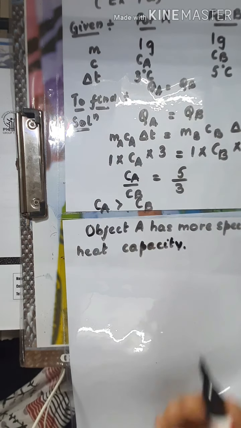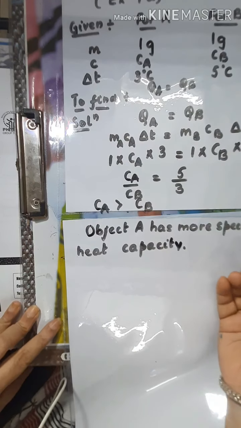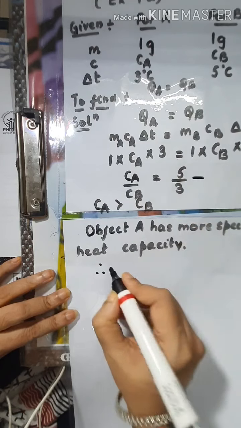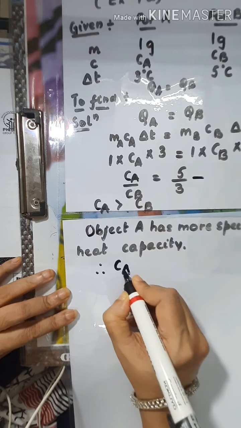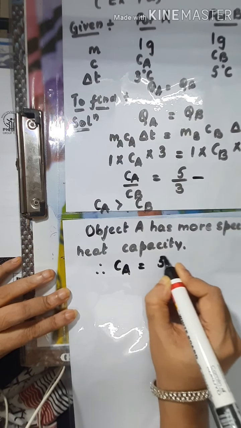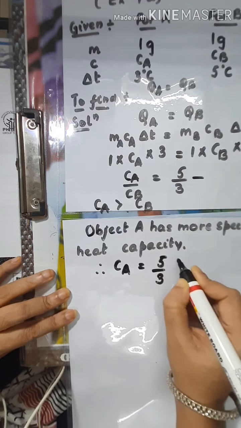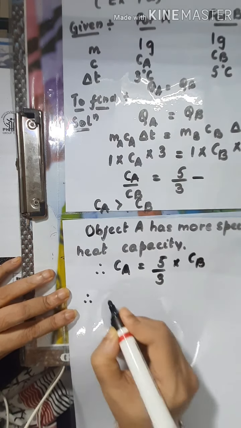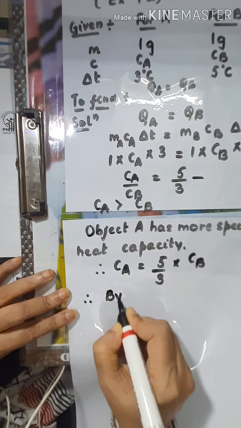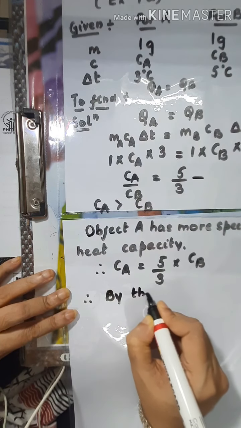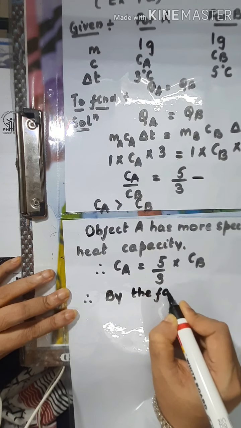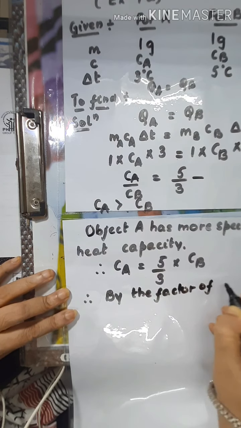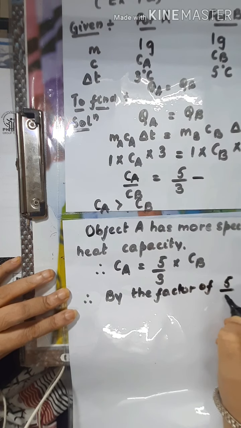And by which factor? By how much? So therefore, from this we can say that CA is equal to 5 upon 3 multiplied by CB. So therefore, by the factor of 5 upon 3.